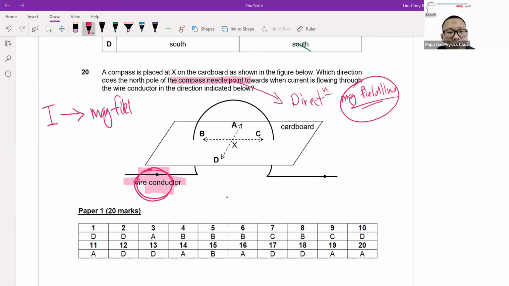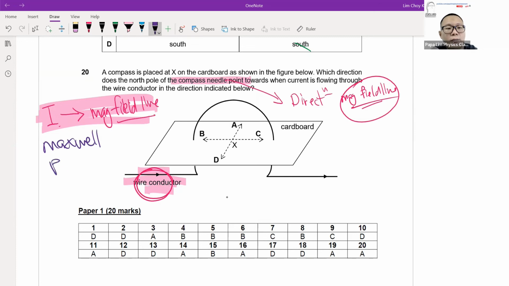Once you know it's current to magnetic field line, this will require you to use Maxwell's right-hand grip rule, because the right-hand grip rule is a representation of your current to your field lines.